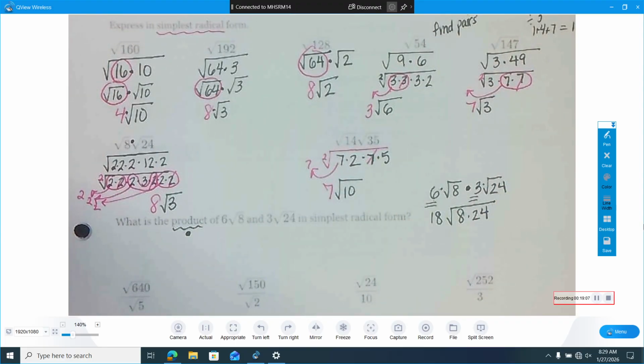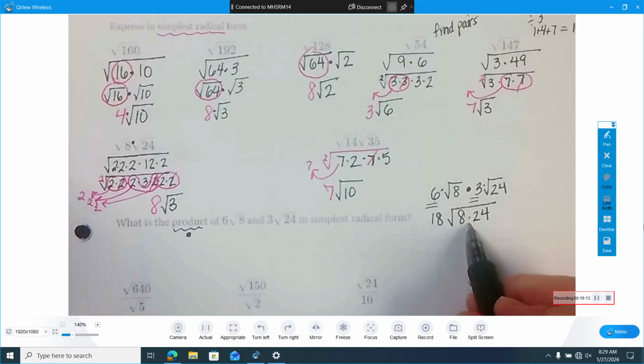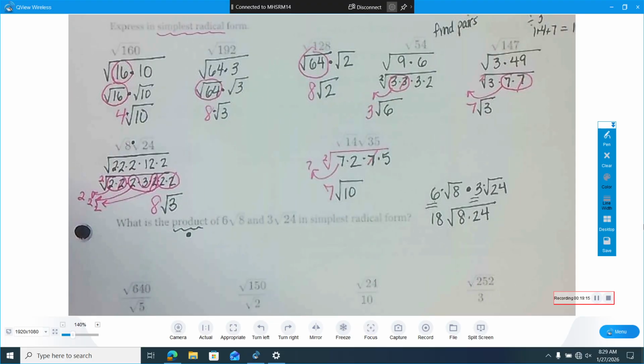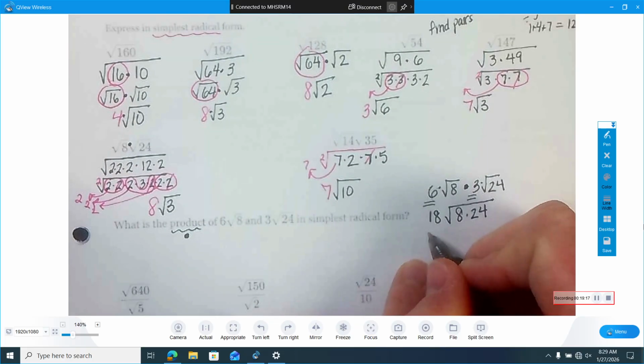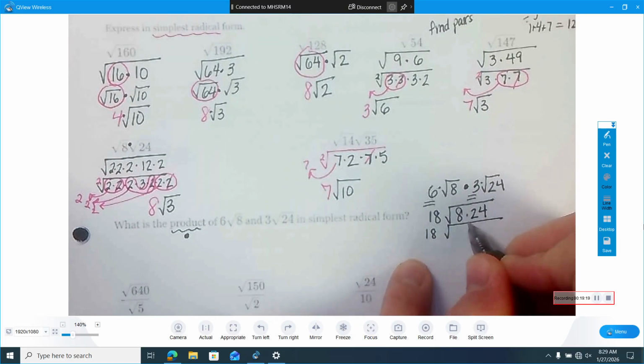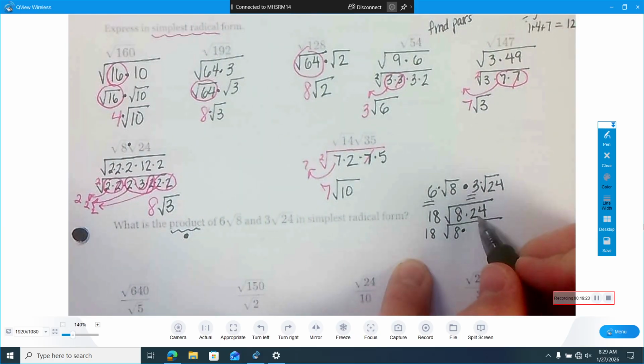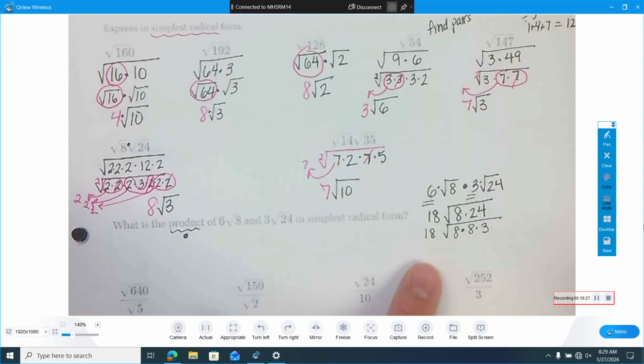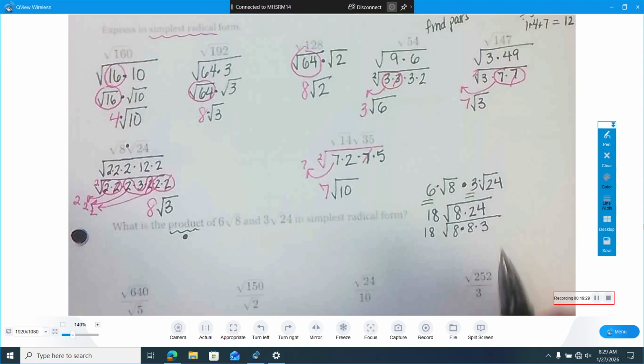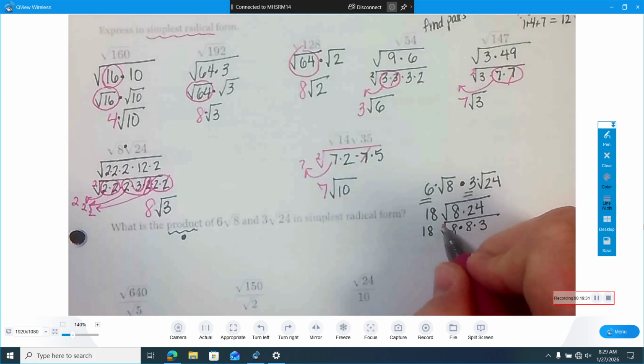And then under the radical, we have 8 times 24. And again, I don't really want to multiply those together because when they're under a root, we want to make them smaller, okay? So I'm going to break those down now. Hey, 8. I think 24 has an 8 in there, doesn't it? 8 times 3. See how I did that there? There's lots of ways you can break numbers down because I'm just looking for a pair.